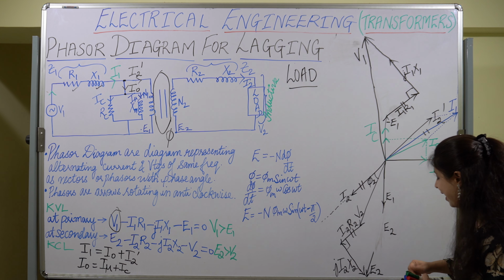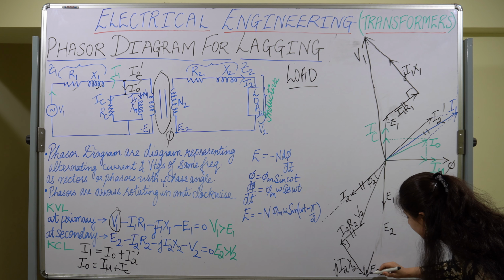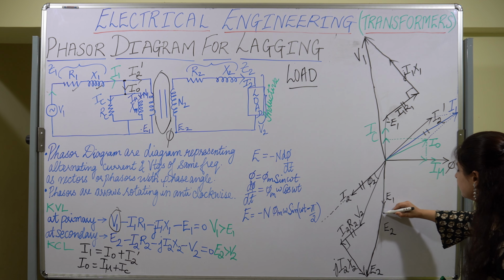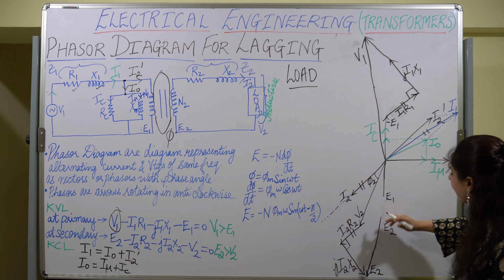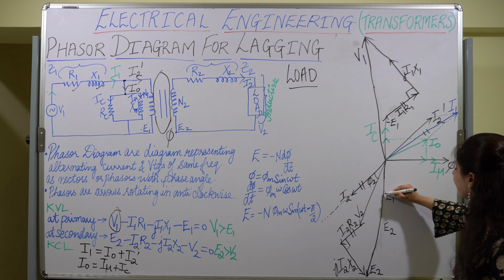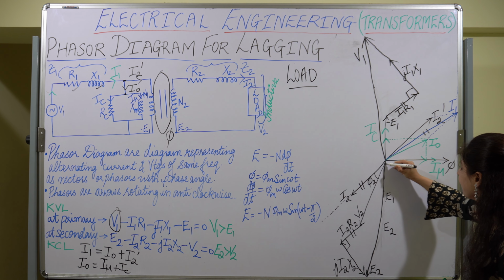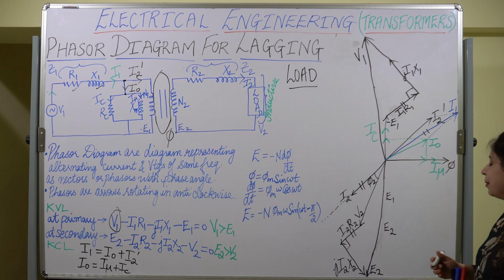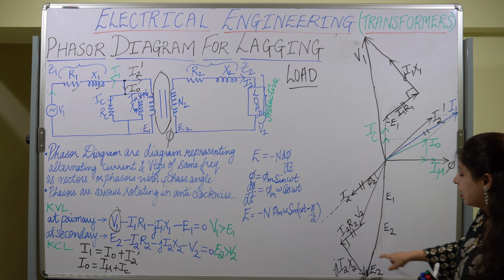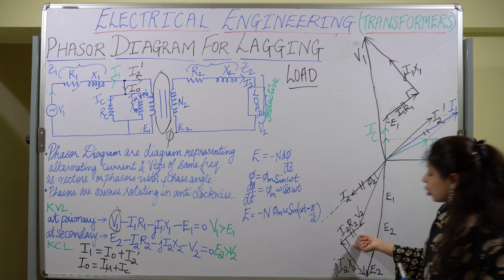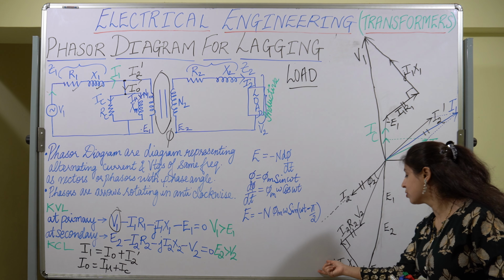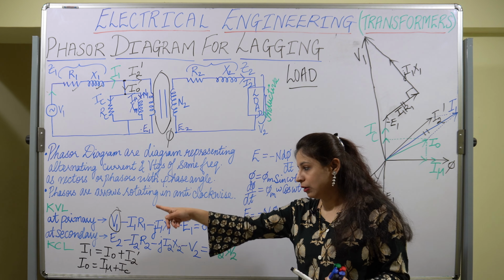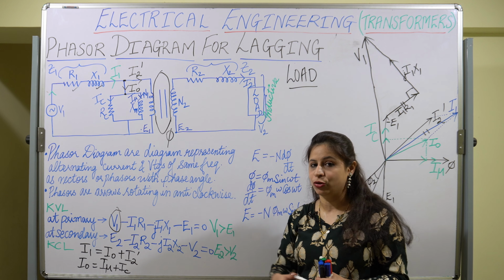Actually, this should come straight. Okay, so this will be my E2. E2 will be the vector sum of the voltage across the resistance, the voltage across the reactance, and the terminal voltage V2, which we have already seen in the KVL equation at the secondary side.